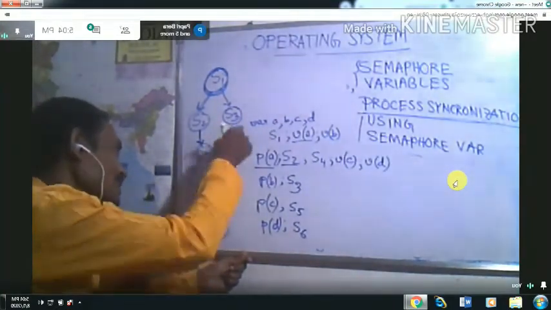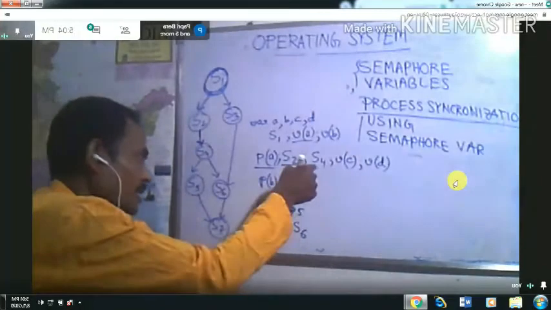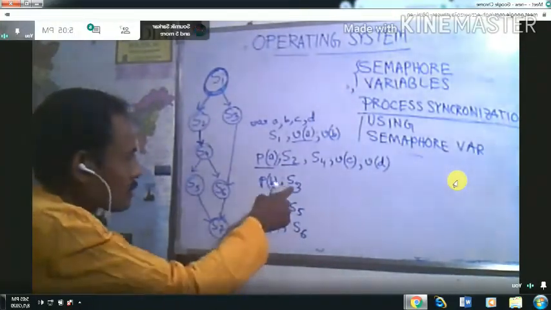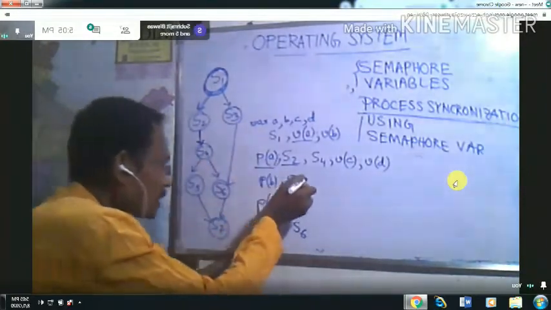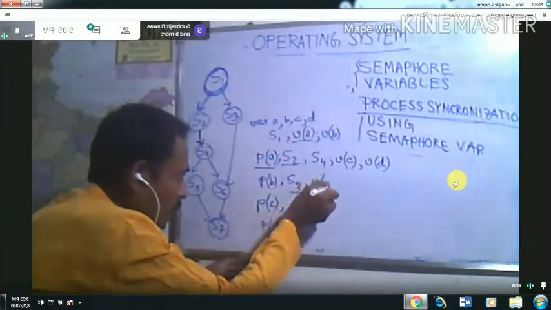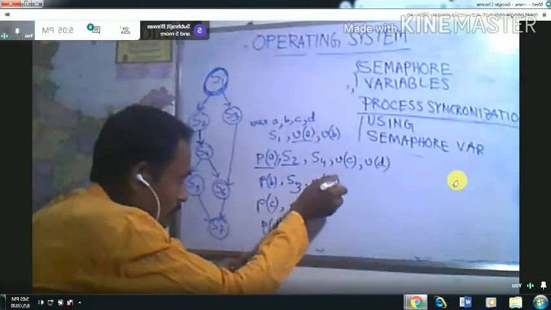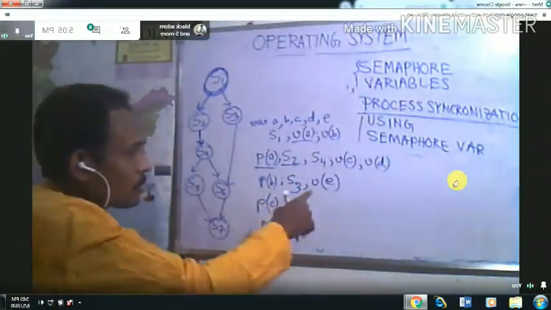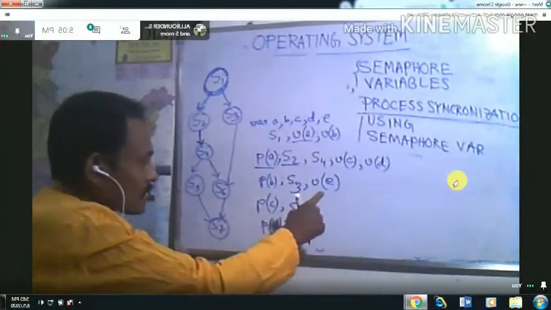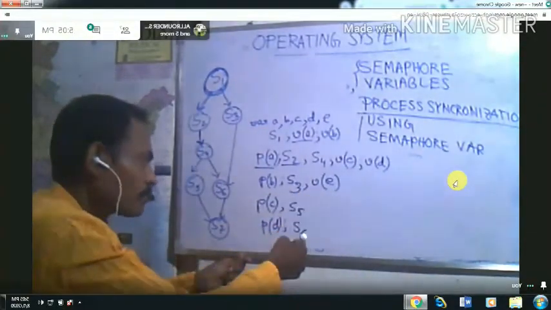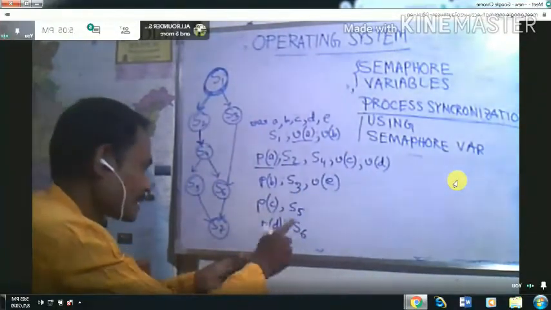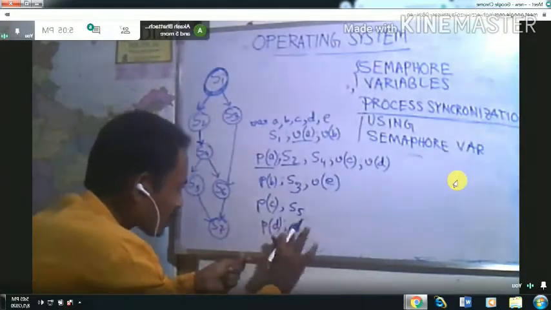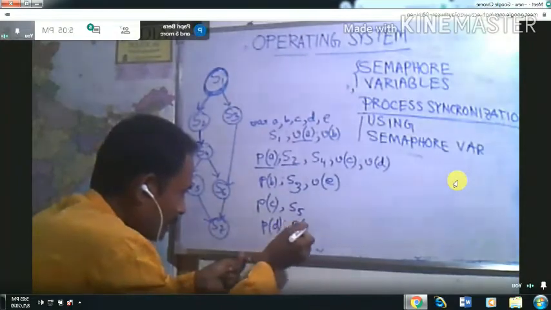S4 is done, and now it will be related with S3. So after S3 you call another semaphore variable E. You can declare so many semaphore variables. So VE after S3, and before S6 you have to call PE, then S6.